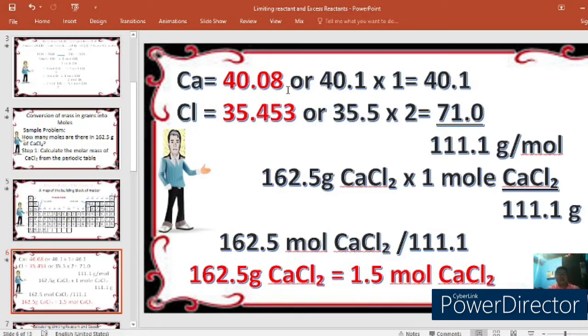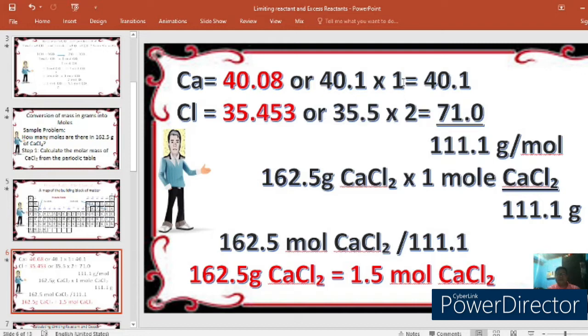Since calcium has 40.08 and chlorine has 35.453, we have to round them off. 40.1 times 1 equals 40.1, while 35.453 we round up into 35.5 times 2, that is 71.0.